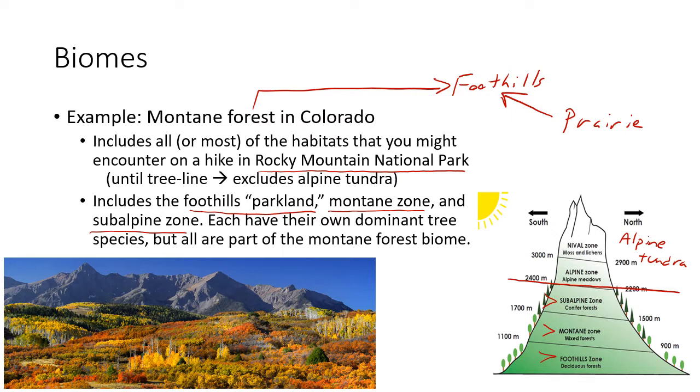Okay, but all of that is going to be this montane forest biome, which is recognized by some authors. Some authors would call this a coniferous forest biome. Some authors would call this part of the boreal forest, actually. All right, but whatever they call it, it's all part of this biome. So there's going to be multiple ecosystems per biome, is what I'm trying to hammer home with this.